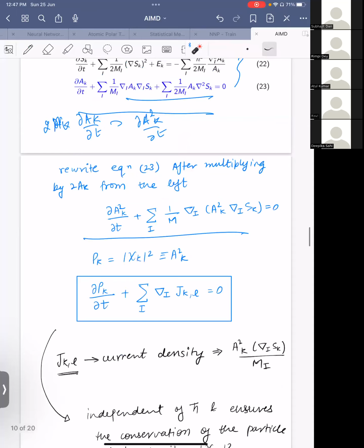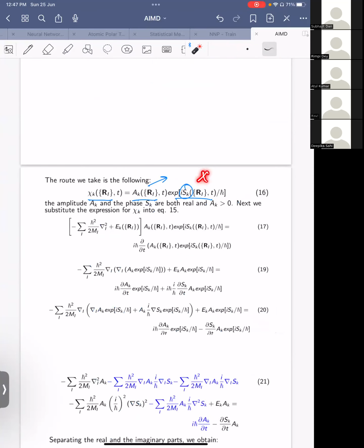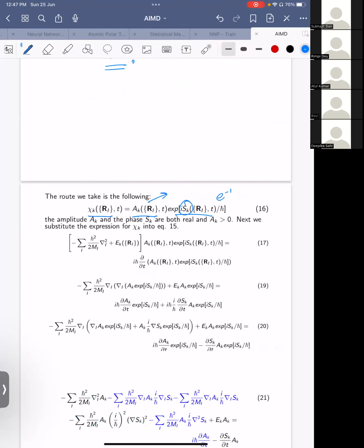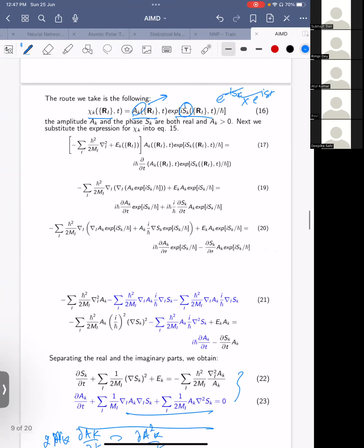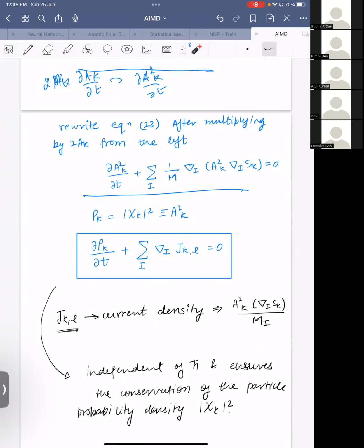And A_k squared is nothing but psi_k squared, because it will be minus S_k multiplied by plus S_k, so it will cancel out. So basically A squared is equal to psi_k squared. This is a very famous equation. What is the name of this equation, if someone knows?